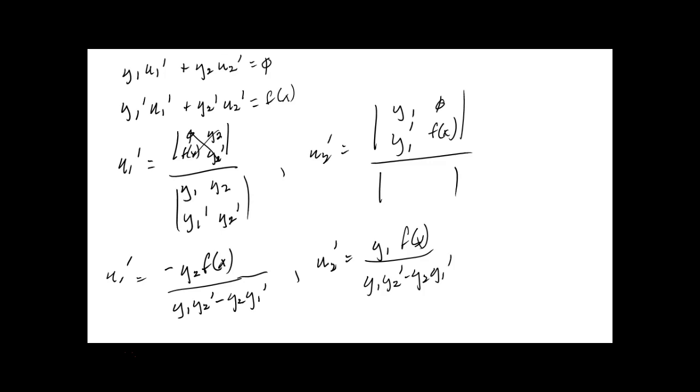All right. So then these functions, u1 and u2, these are all things you knew: y1, y2, y1 prime, y2 prime. We know them all because those are what they were given to begin with, and we know f of x. So we can plug all these things in, integrate each side, and get what u1 and u2 are. Okay?